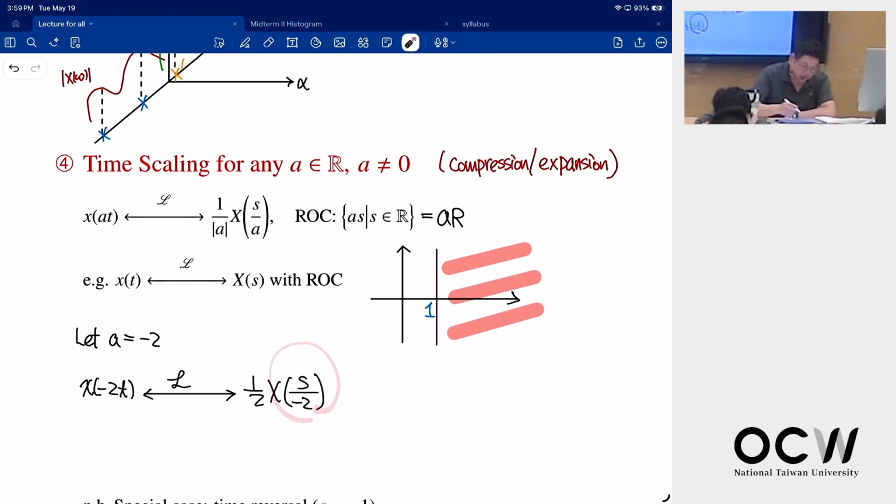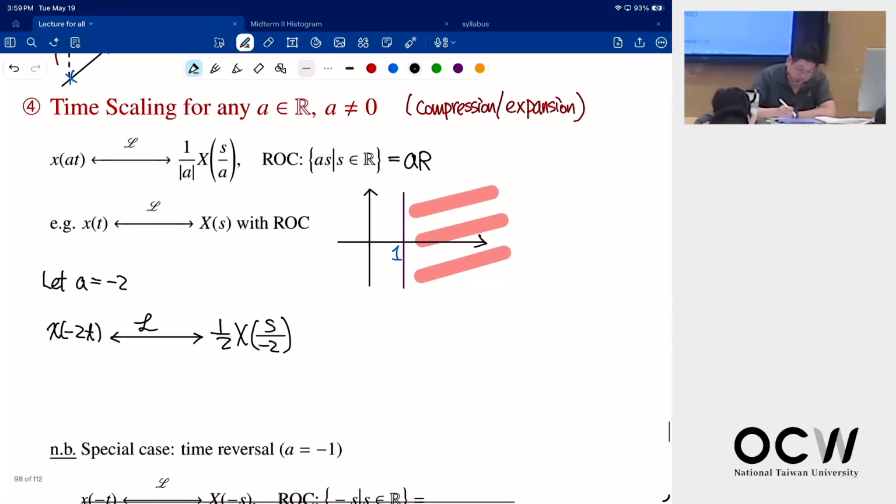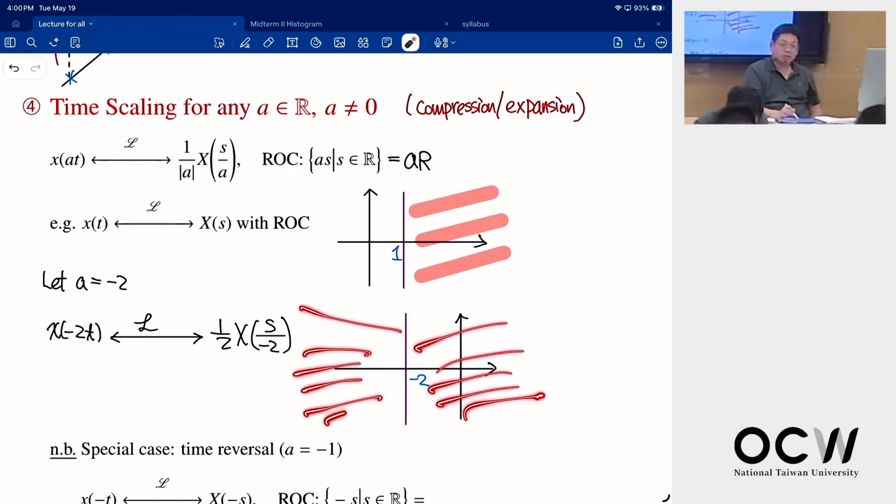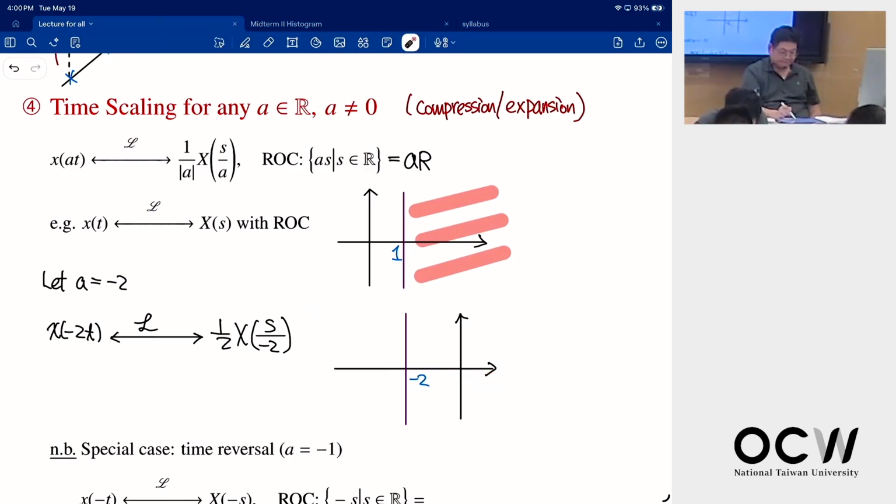In this case, my region of convergence is at minus 2, to the right or to the left, here or here. It should be the left-hand side.